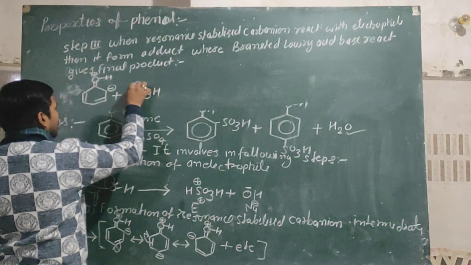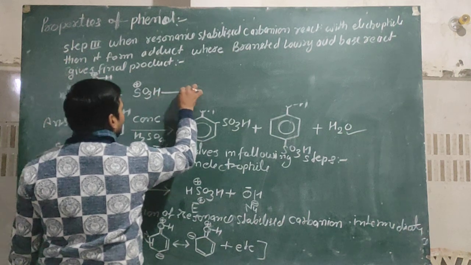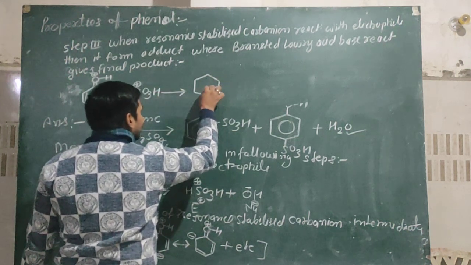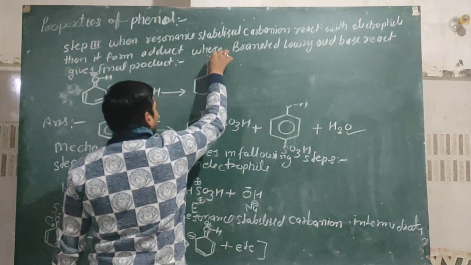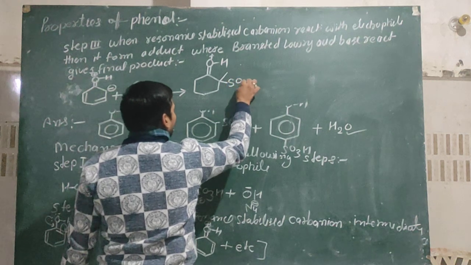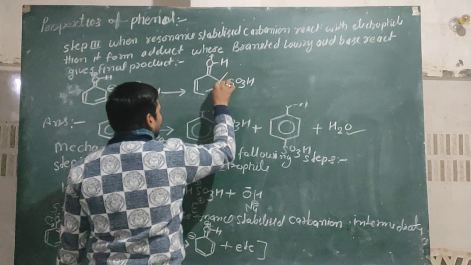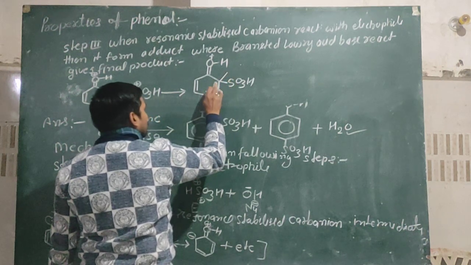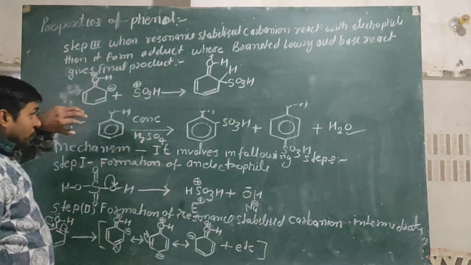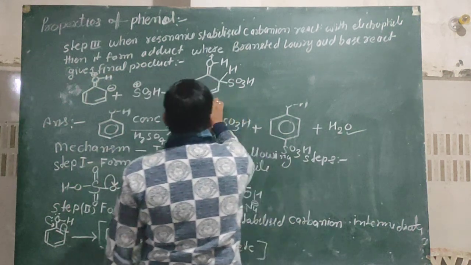This electrophile attacks the negative center of carbon, and in this situation double bond, O plus H and SO3H, it is the negative charge. In this situation, one hydrogen is present on each carbon center. Okay, it is an adduct.